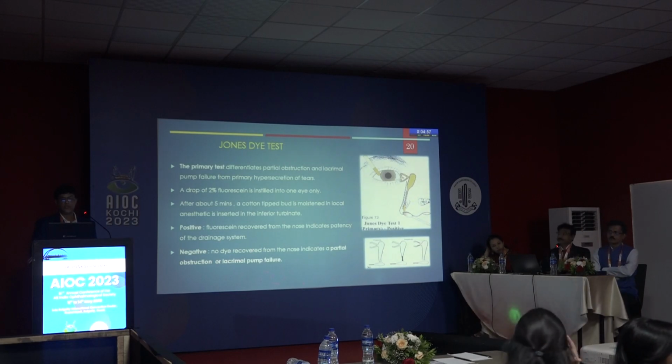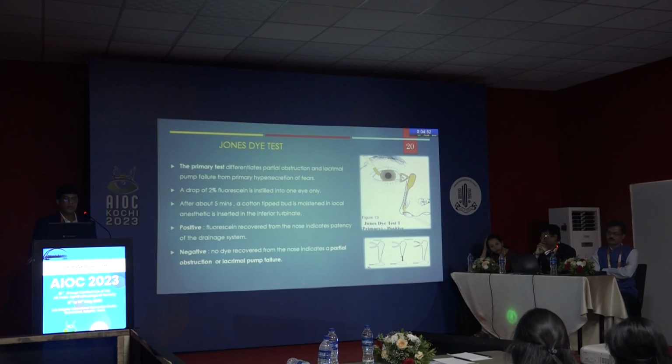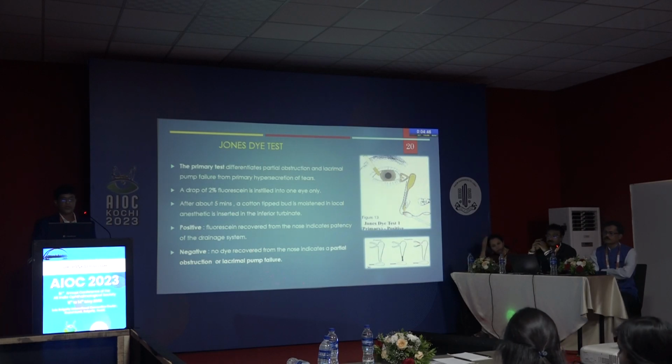If fluorescein is recovered in the nose, it indicates patency of the nasolacrimal duct system. In a negative test, no fluorescein is recovered, indicating a partial obstruction or nasolacrimal pump failure.